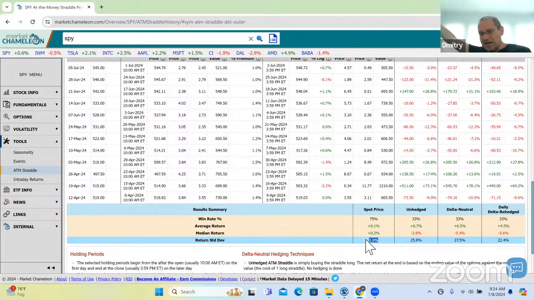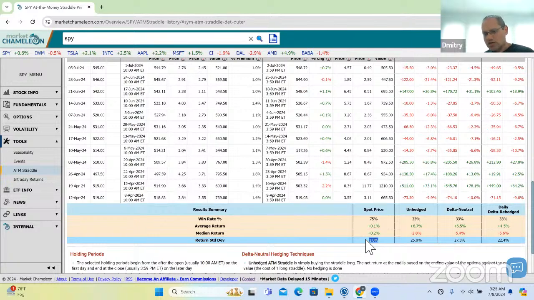If it goes up a lot, your call will increase, your put will decrease. So you want the gains in your call to offset or exceed the losses in the put, and then it'll increase. Or if the stock just sits there, they can both lose value. So that's what the straddle is.